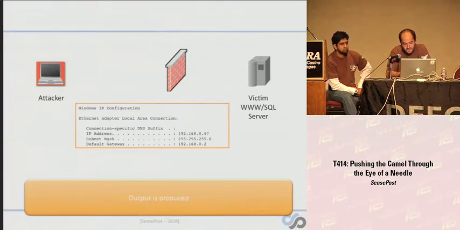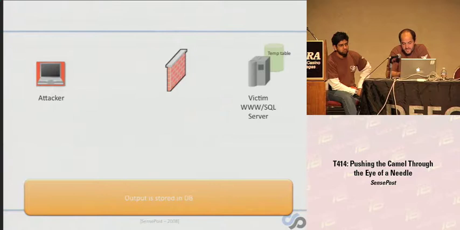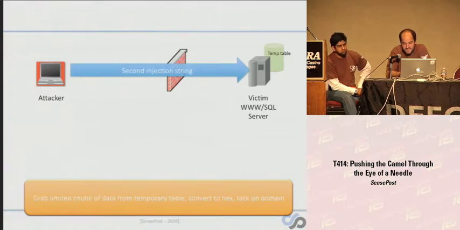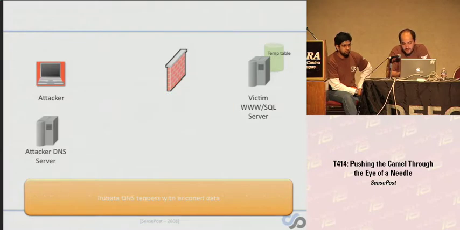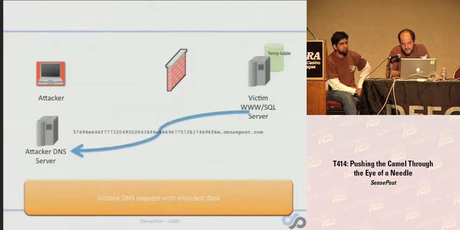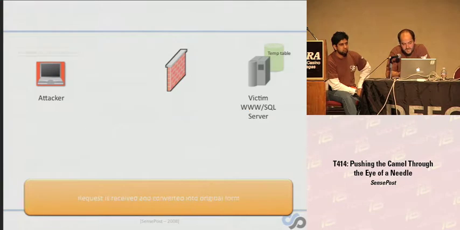The data that's created is stored in a temporary table, and he then sends a second injection string that, as I said, breaks up the data in the table row by row, chunk by chunk, converts it to hex, and performs a lookup on that hex-encoded data. When that arrives back at us, we can convert it back, and we get the clear text.